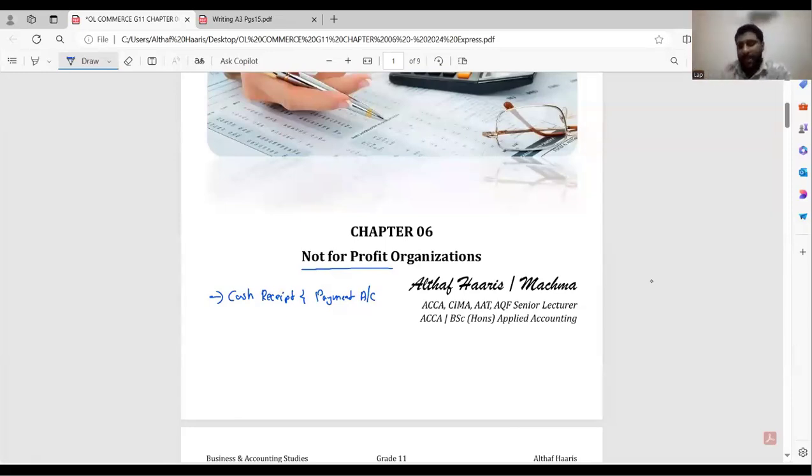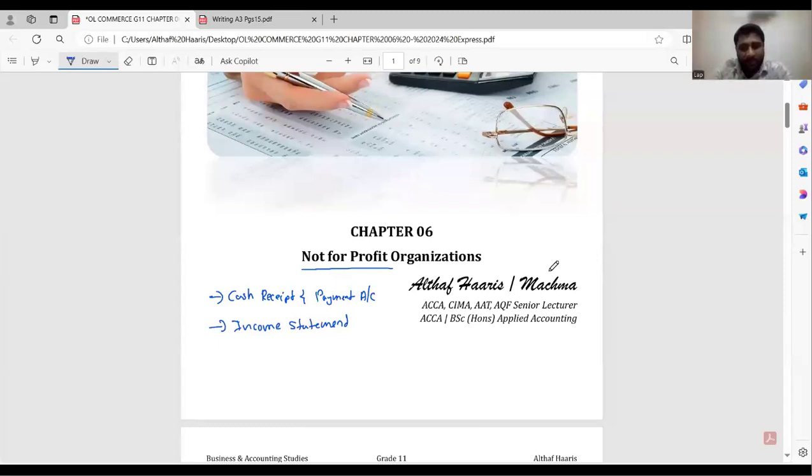Here also it is the same. Instead of using the name cash book, we will be using the name cash receipt and payment account. The next one that we will be focusing on is the income statement. For your O-level, these are the two main elements that we are going to focus on.